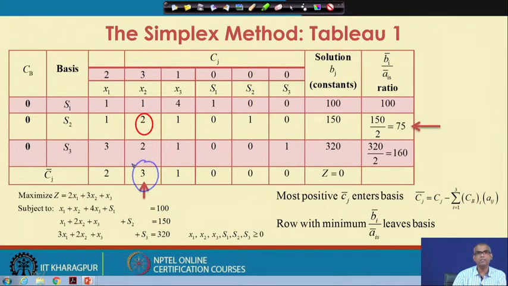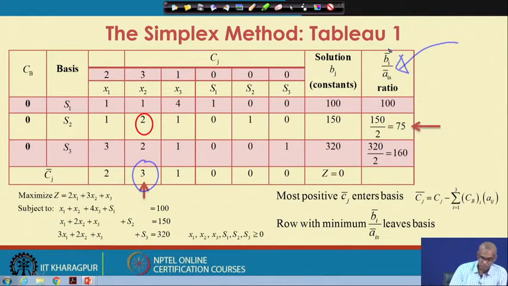So, x2 enters the basis, x2 non-basic variable will enter as basic variable. So, which basic variable will leave? For that we have to compute the ratio Bi bar divided by Ais bar.